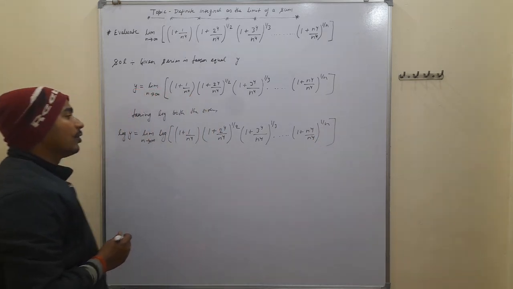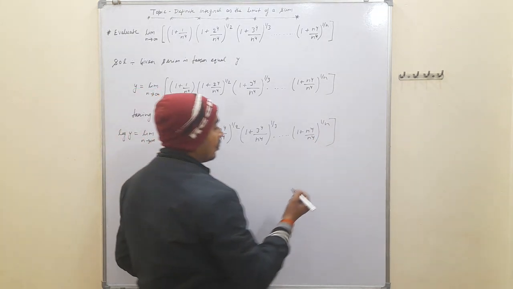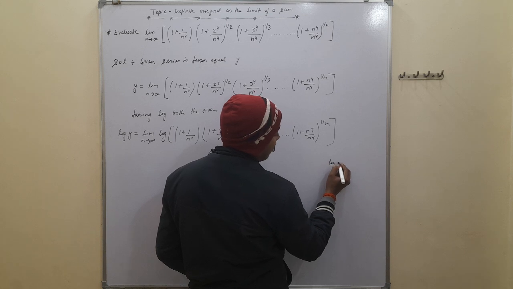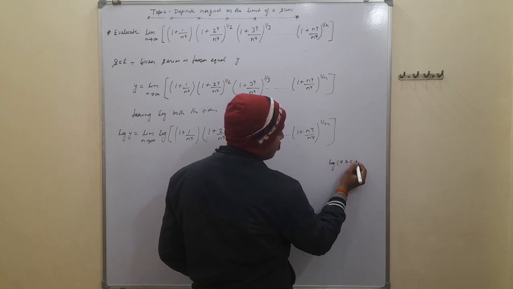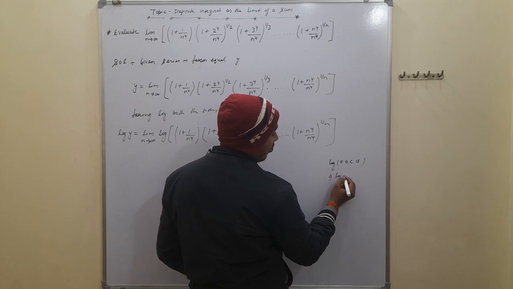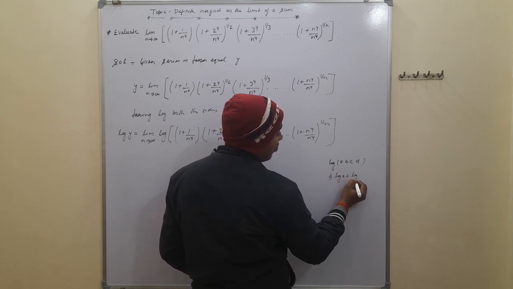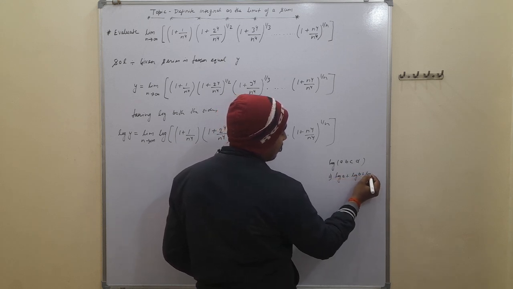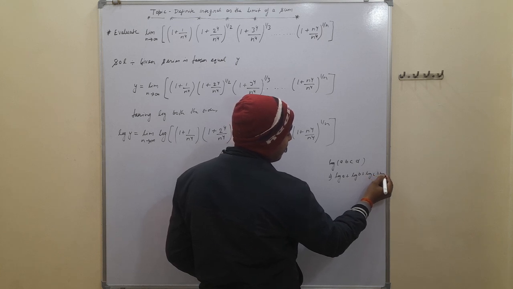We use the following property of log: log of a into b into c into d is equal to log a plus log b plus log c plus log d.